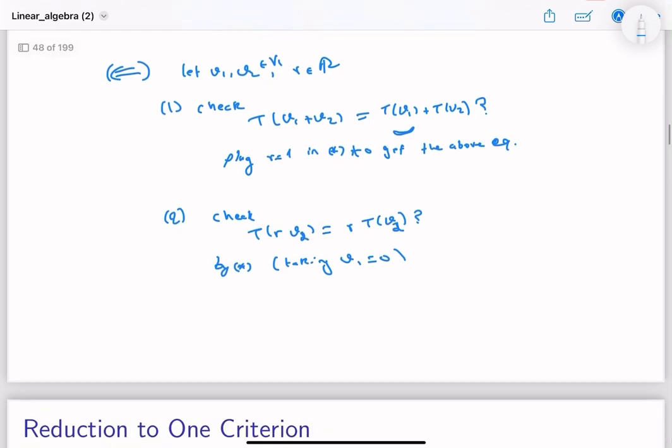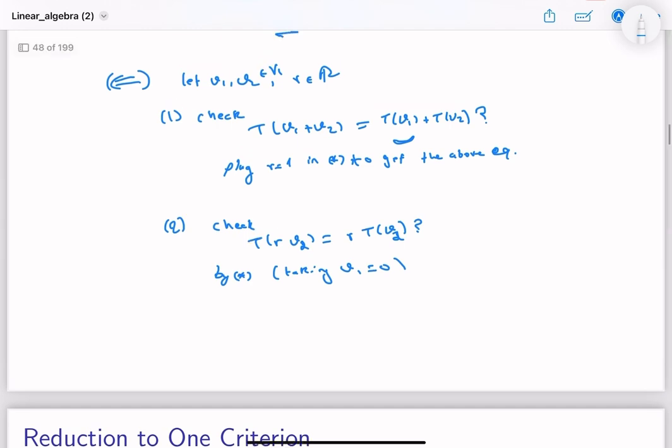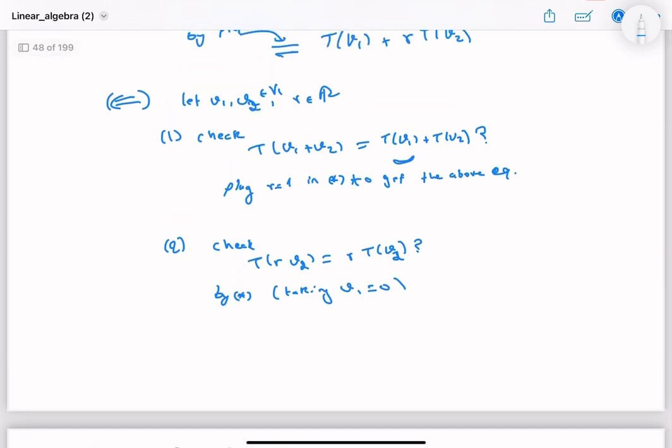It doesn't matter, we're starting with any vector v1 and any vector v2. So by star, we have T of 0 plus r v2 is equal to T of 0 plus r T of v2.